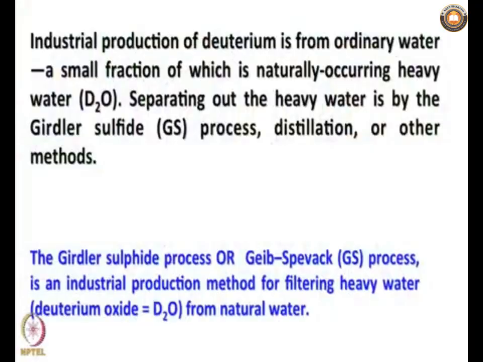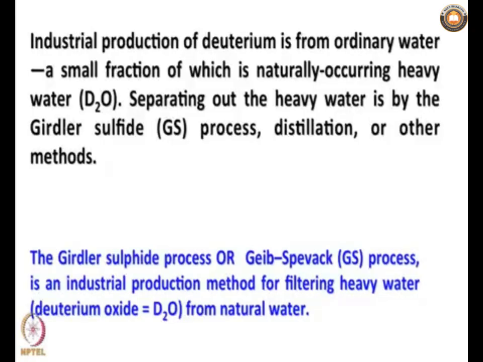Okay. So, industrial production of deuterium is from ordinary water. So, ordinary water, when it is subjected to electrolysis, we get hydrogen and oxygen. For example, if we take a certain quantity of water and perform electrolysis, at the end, because of the slow rate of decomposition of D2O or heavy water, it remains concentrated, and at the end we can stop the electrolysis process and D2O can be taken off.